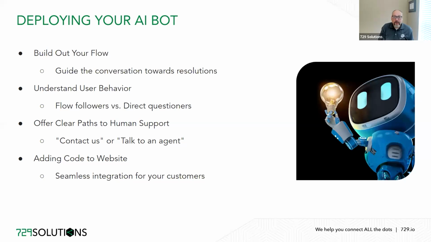We have our flow followers or our choose your own adventure folks, the folks that like to point and click and read the script that you've laid out for them and the bot builder that you've outlined to say, I want to click this, I want to see my options, I want to select X, Y, or Z, and then I want to get my answer. So that is one type of persona that is inside of your customer ecosystem.